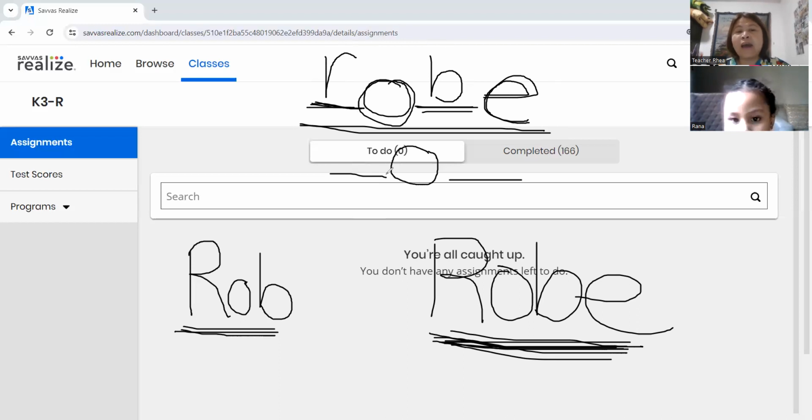But if we only have O in the middle of the letters, it's a short O sound, okay?